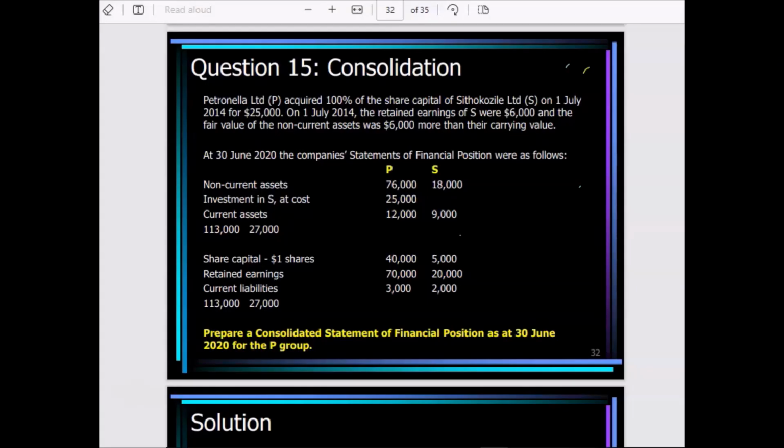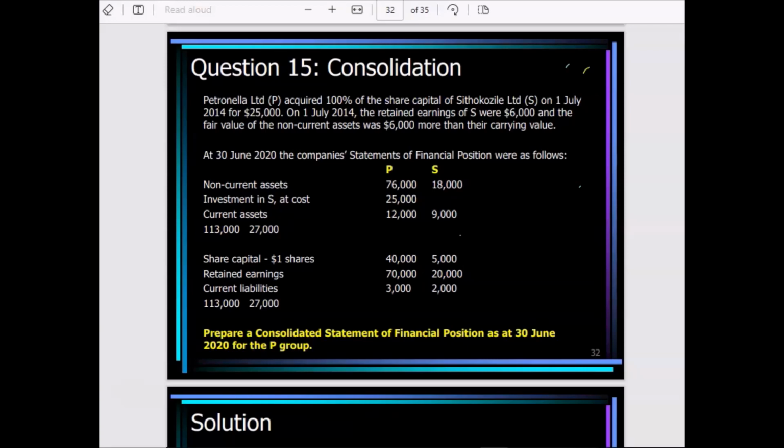Now, in this question, we're having a company called Petronella Limited. This company acquired 100% of the share capital of Stokozila Limited as on 1 July 2014 for $25,000. On 1 July 2014, the retained earnings of S was $6,000 and the fair value of the non-current assets was $6,000 more than their carrying value.